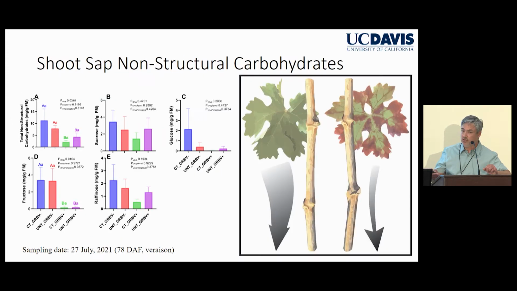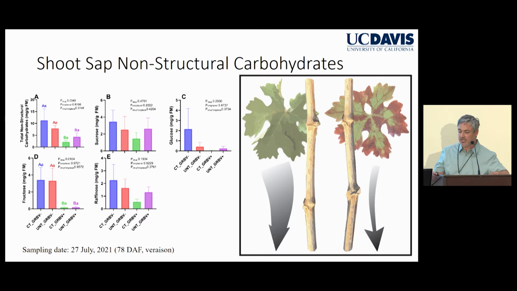And then looking at the level of sugar that's moving in the sap, moving from the leaves, hopefully into the fruit sink, we sampled right at veraison a 7-centimeter stem segment that was supporting the lower berry cluster. So this was a destructive sampling that required us to harvest one shoot at veraison from each of the data vines.